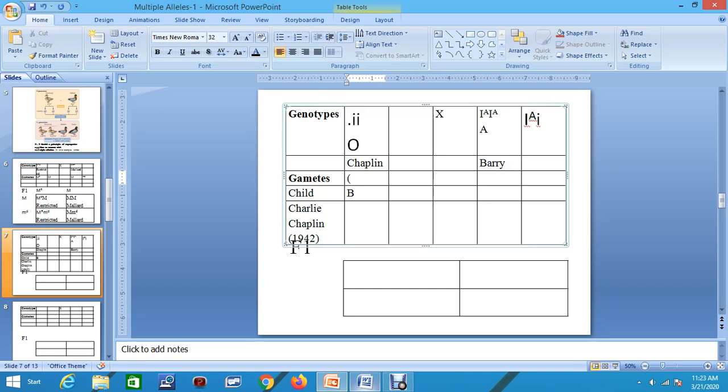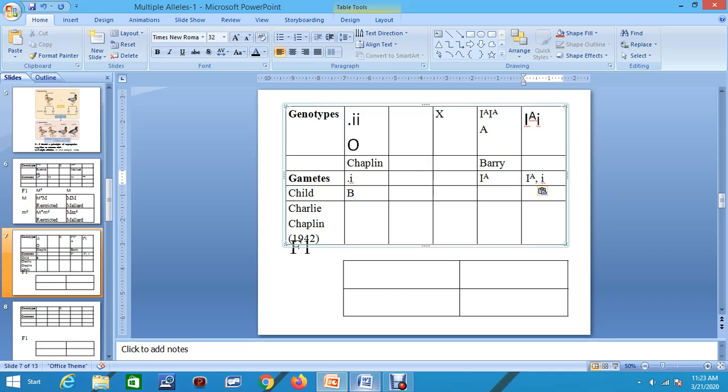If Barry has homozygous condition, then only one type of gametes will be there, capital I with capital A. If she has heterozygous condition, she will have two types of gametes, one with small i, and the other possible gamete will be capital I.